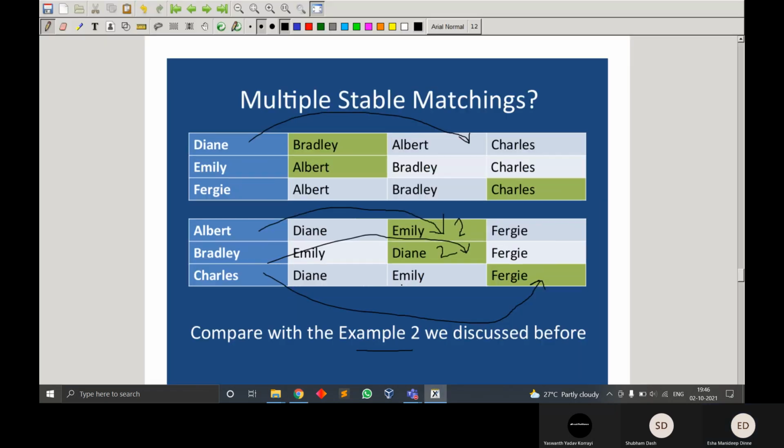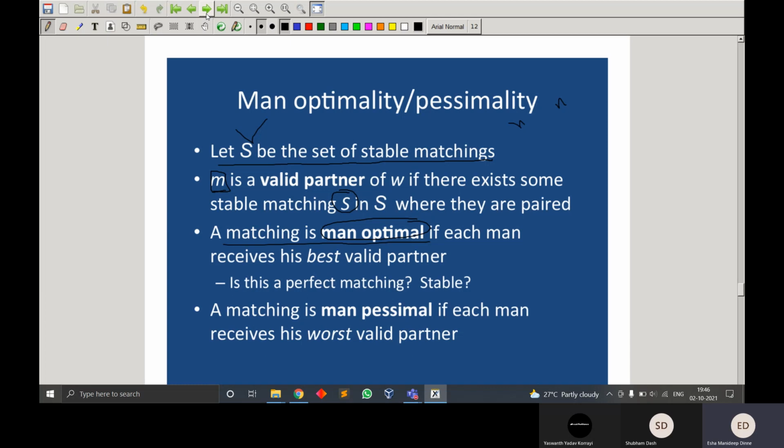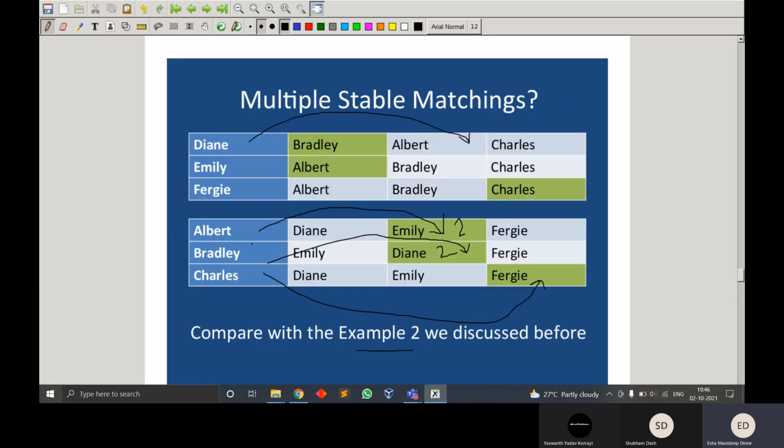So his best valid partner is Diane. Similarly, for Bradley, his best valid partner is Emily. Again, for Diane, her best valid partner is Bradley, because in this stable matching, Bradley is possible. For Emily, it's Albert. So we can clearly see who the valid partners are in this example.